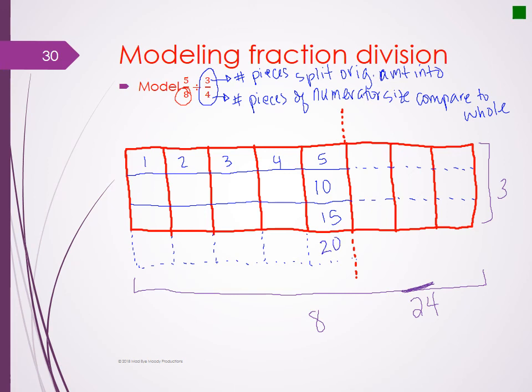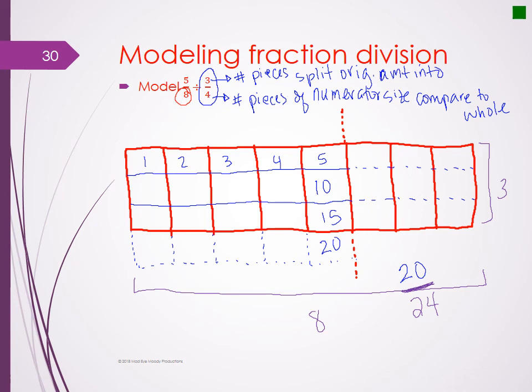Well, that would be another 5 small pieces, so I would have 20. So if I take 5/8 and I divide it into 3 pieces, and I look at 4 of those pieces compared to the whole, I have 20 of the new small size pieces, 20 of the 24.